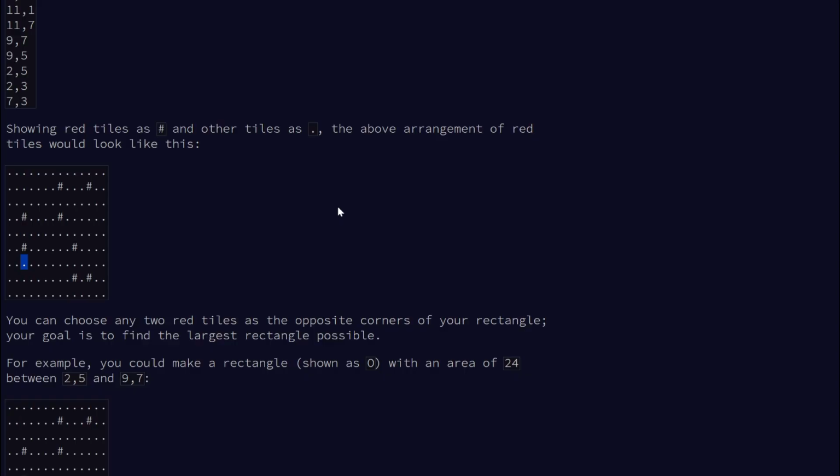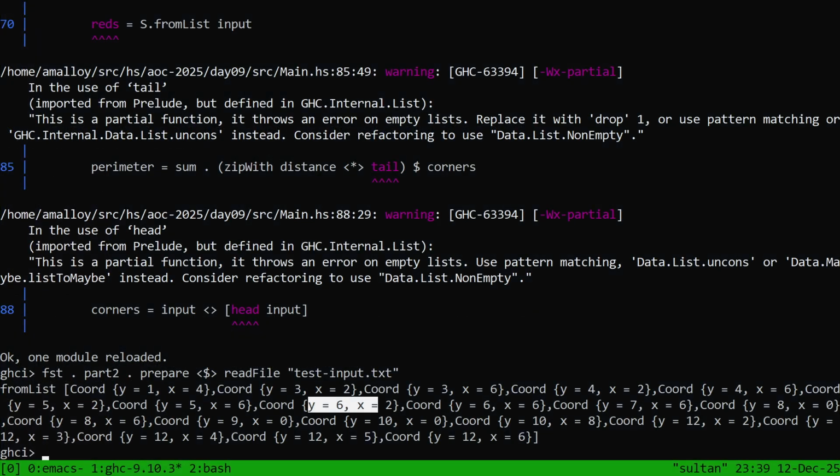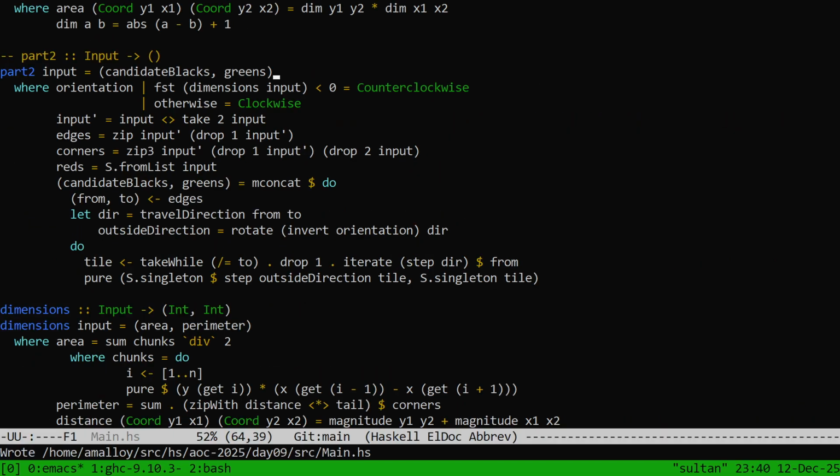Well, I didn't mean to mark this one. I was only trying to mark this. It's true that this is outside, but I didn't mean to do that, I don't think. How did that get there?